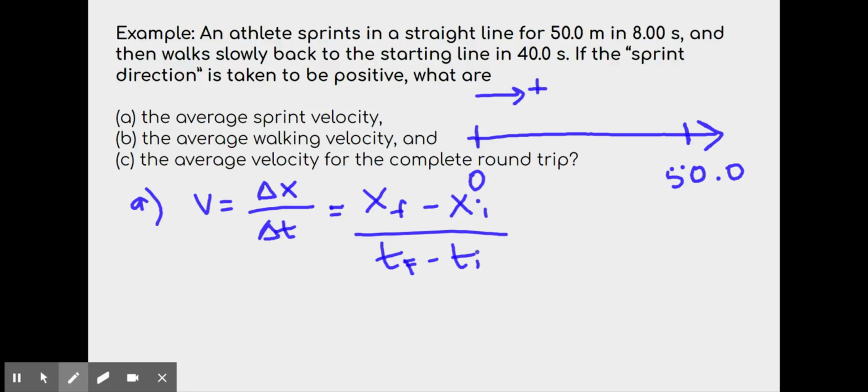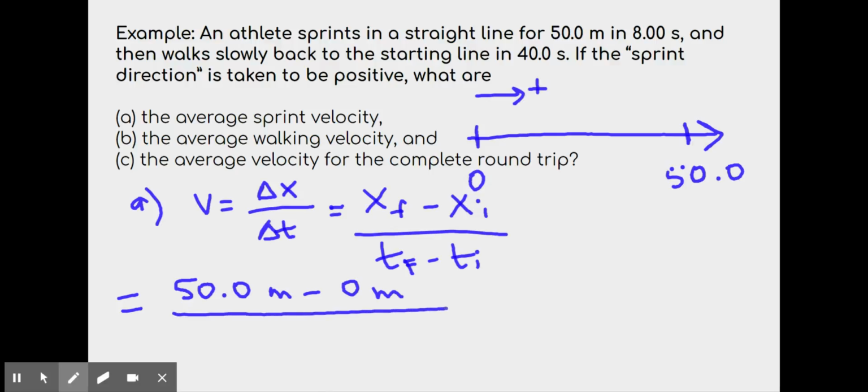So let's plug in the information that we know. Well, we know that this athlete ended the final position for part A when he was sprinting was 50.0 meters. And the initial position was 0. The final time, well, it says it took this athlete 8 seconds, so 8.00 seconds, minus the initial time was 0 seconds.